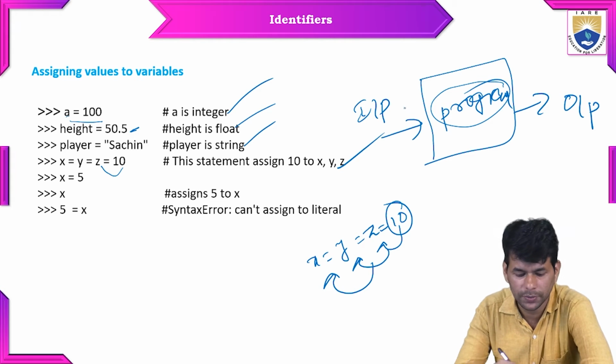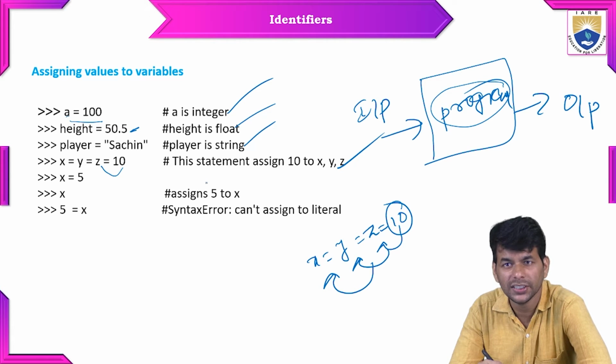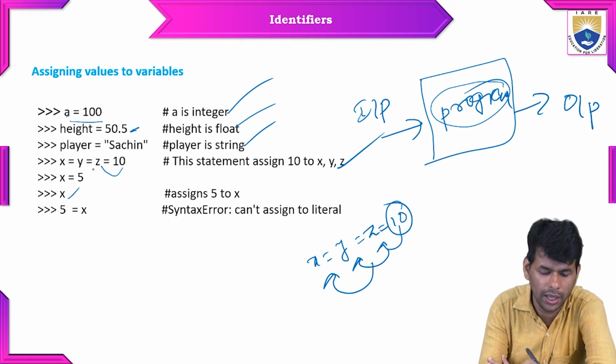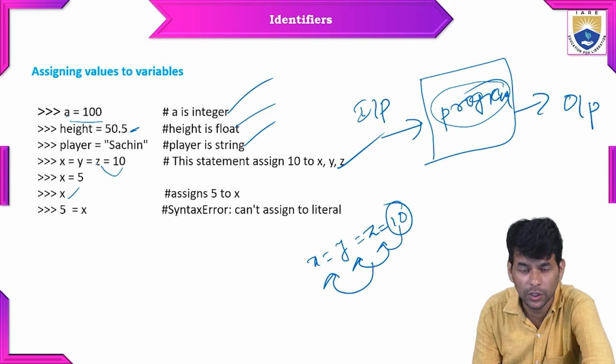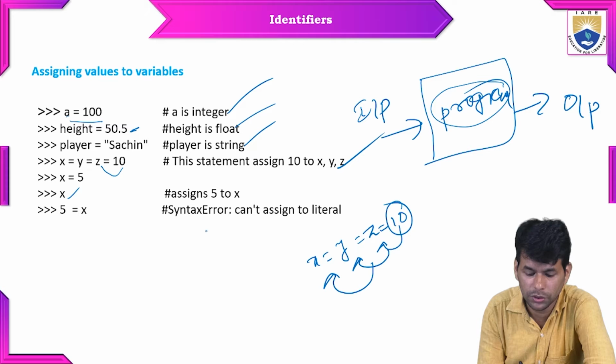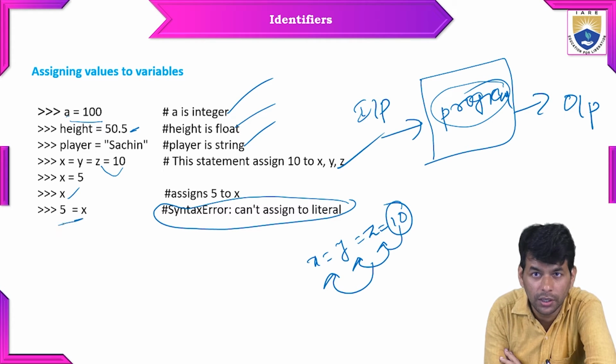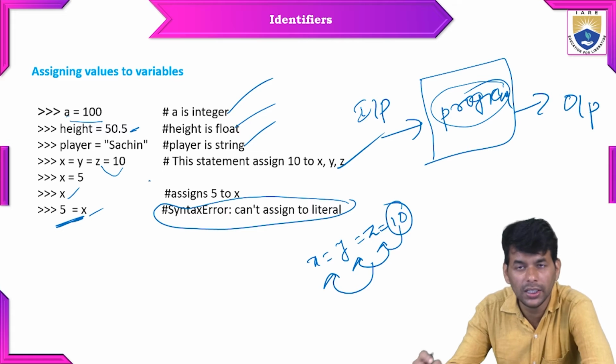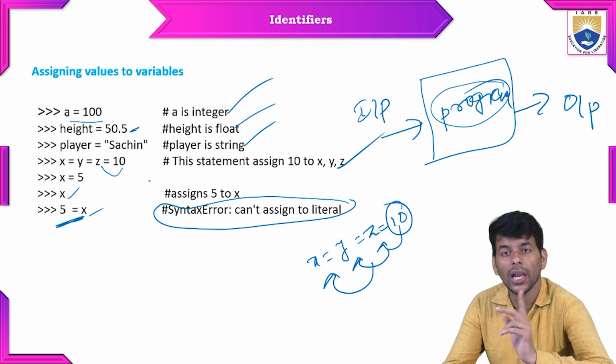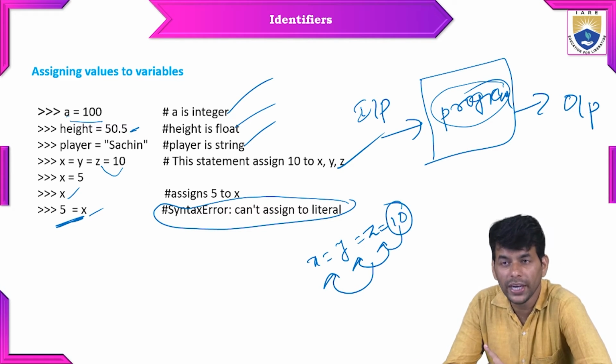The next one is x assigned 5. Here X is a variable identifier name. Now 5 equal to X is a syntax error. We cannot assign an identifier to a value. What we can do is assign a value to the identifier.